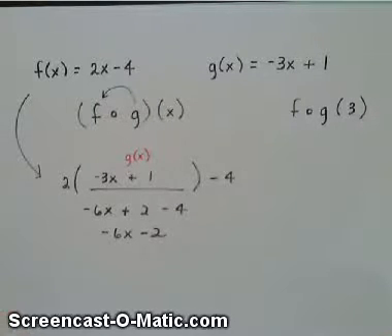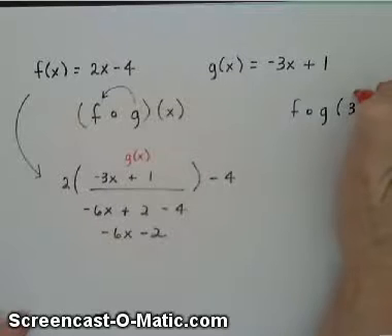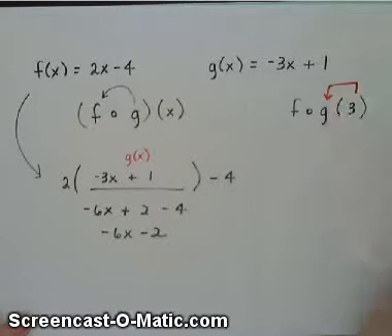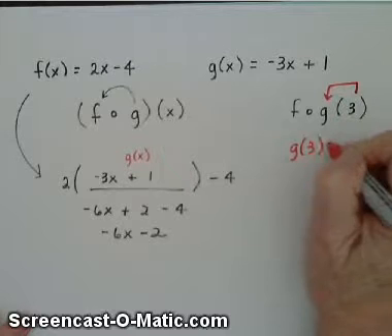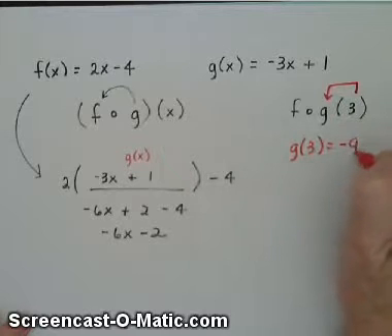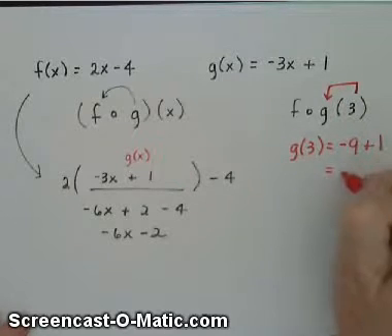Now, let's go back and do f composite g of a value 3. Here's another way that you can do this. You can come from the tail, put 3 into the g function. So g of 3 would be negative 9 plus 1, which is negative 8.